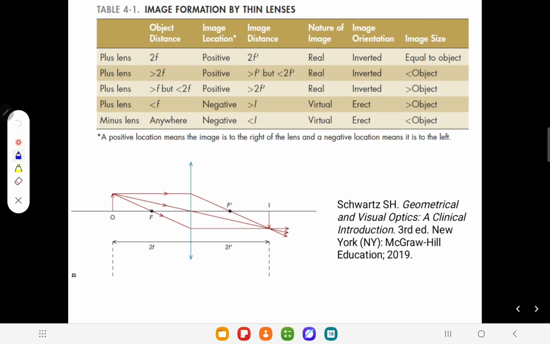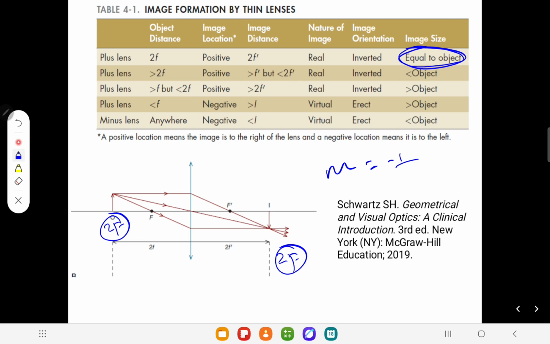And the second point you have to understand: when we put the object at 2f, the image will be at 2f, and the image will be equal size, which means magnification is unity. That's it, magnification equals 1, isn't it? Sometimes we say minus 1 because the image is inverted.